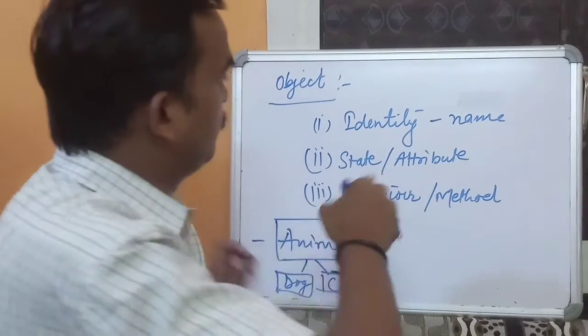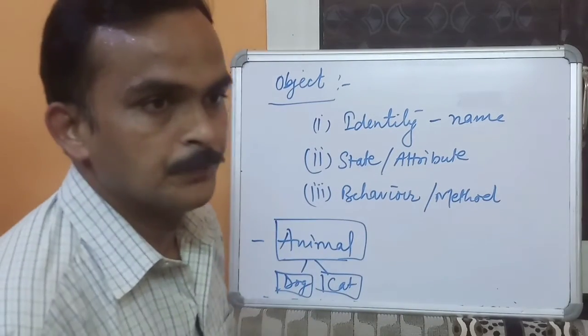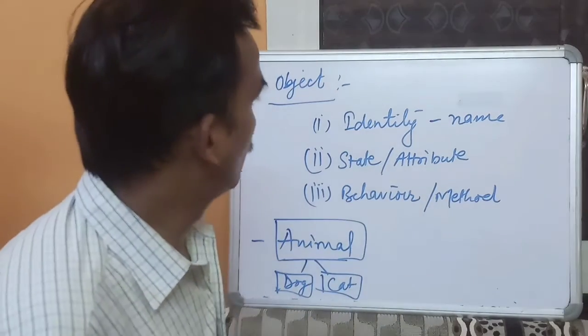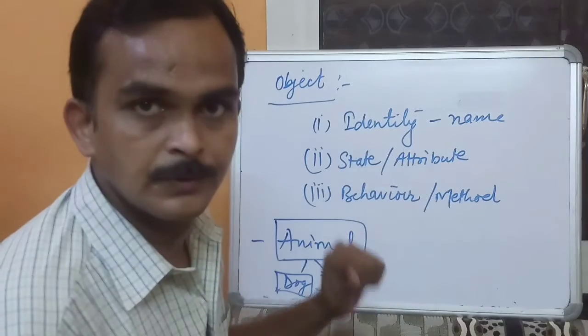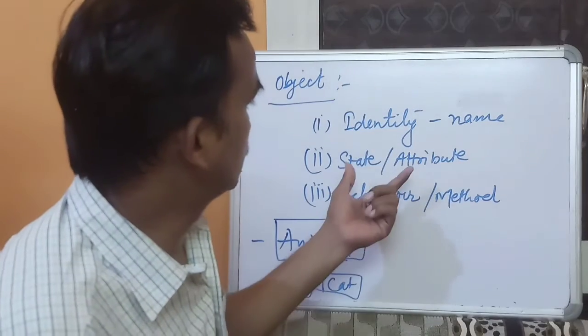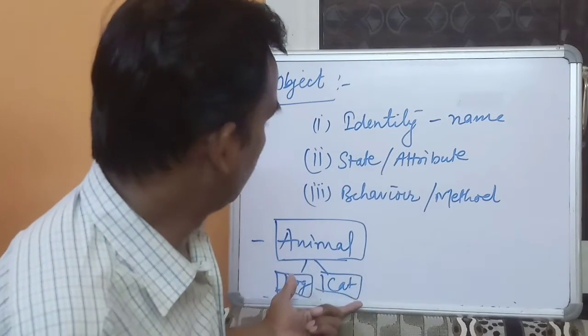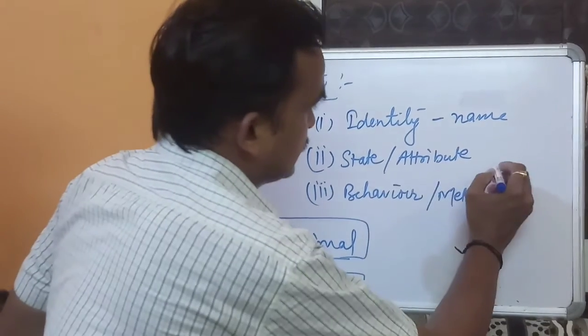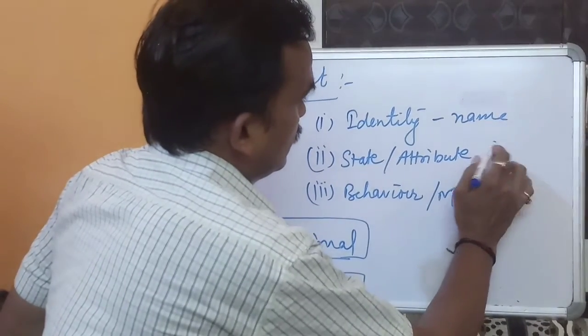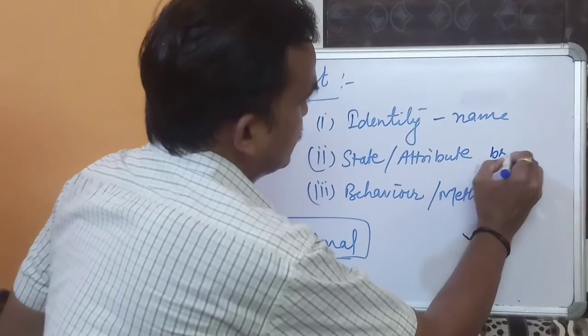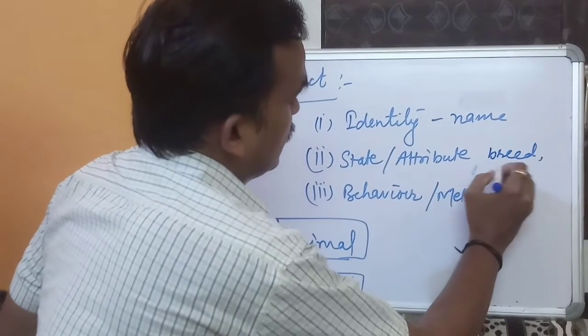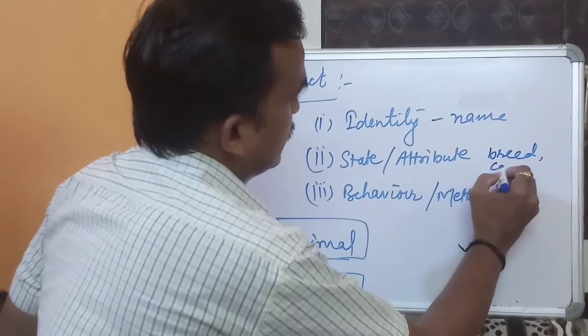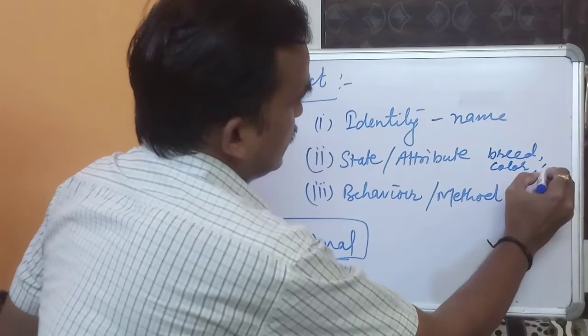State means the actual features of an object. An animal or a dog has its breed, its color, its age.